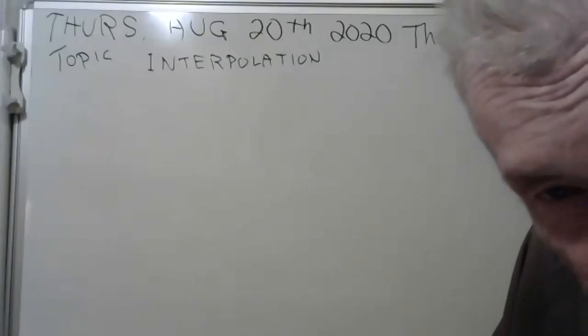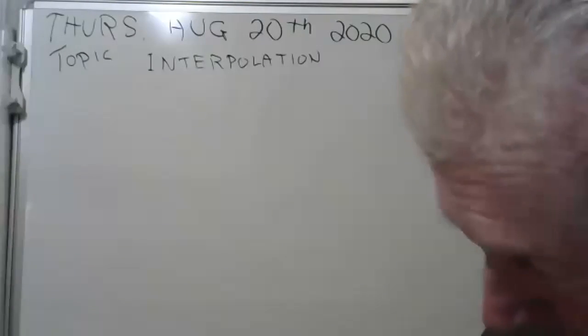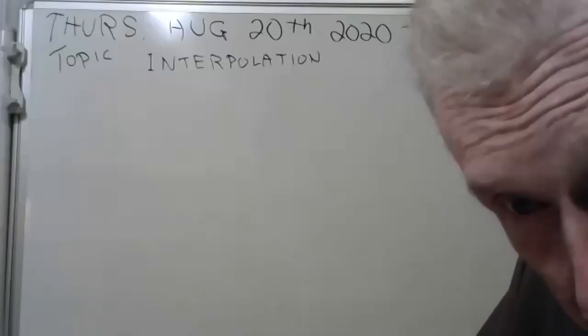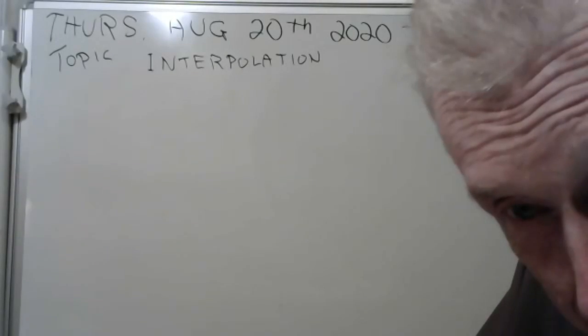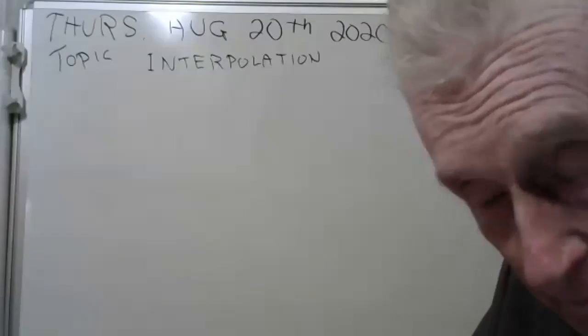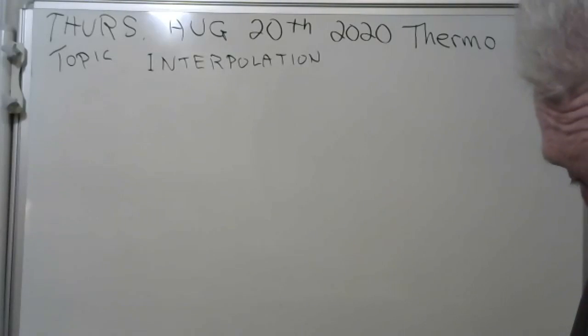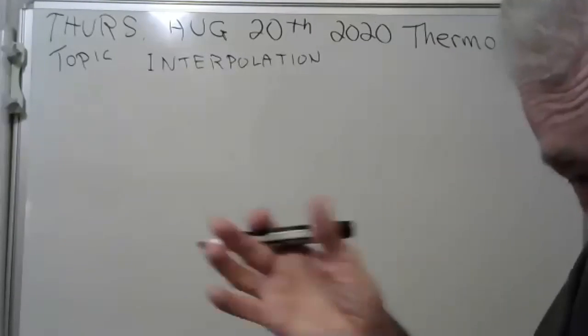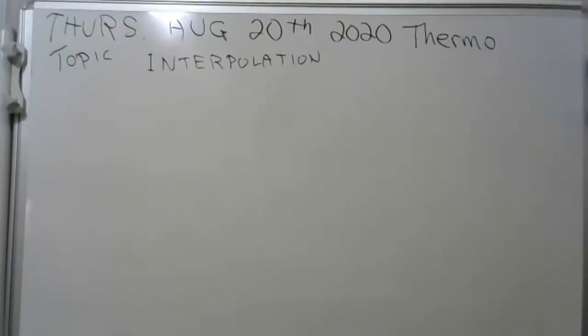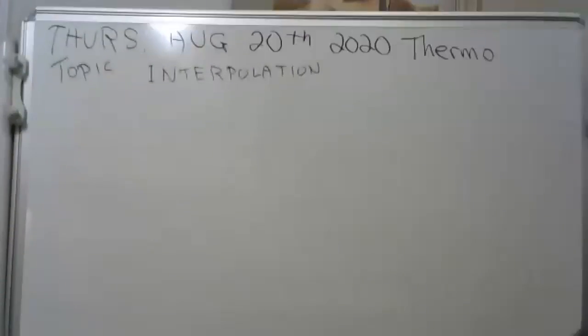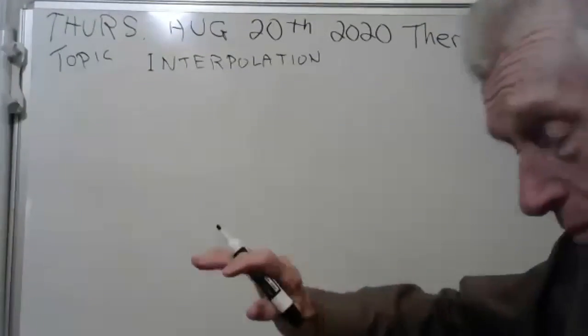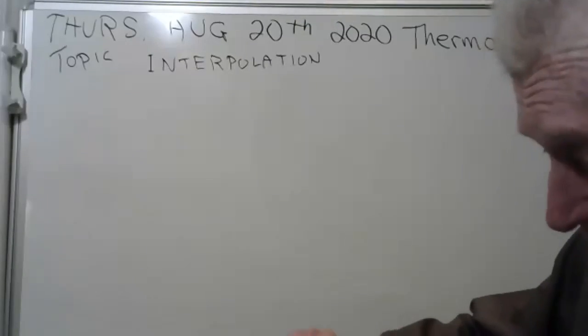Has anybody downloaded the interpolation exercise that I'm talking about? Yes, I did. Well, that's the topic. I want to show you guys how to do interpolation today, and you're going to answer those questions about interpolating.